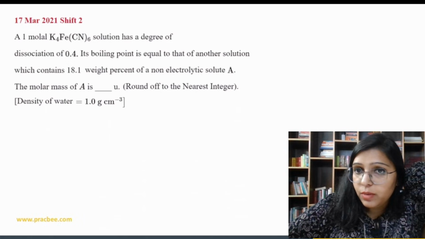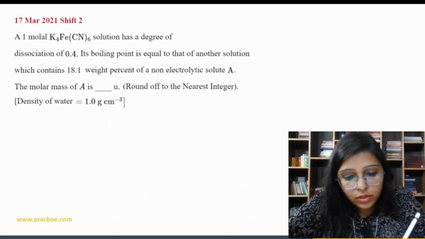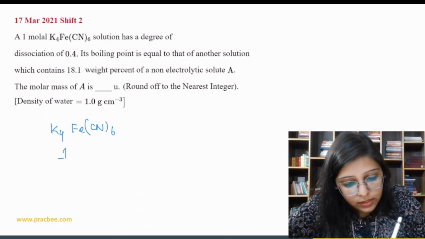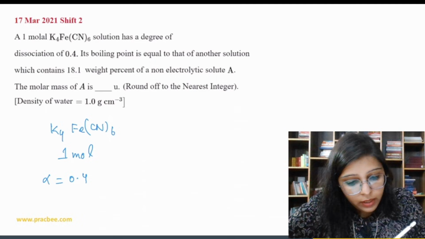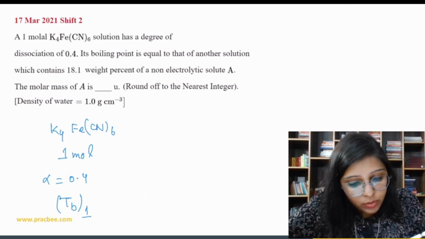The question says a 1 molar K4Fe(CN)6 solution has a degree of dissociation 0.4. Okay, we have K4Fe(CN)6, this is 1 molar and the degree of dissociation is 0.4. Its boiling point, suppose it's TB1, is equal to that of another solution which contains 18.1 weight% of a non-electrolyte solute.